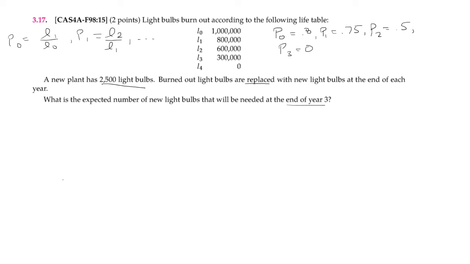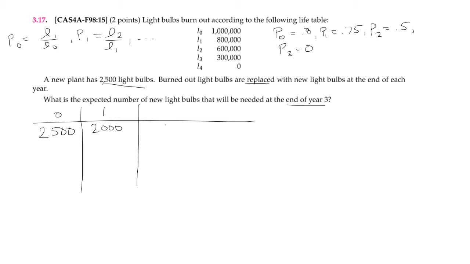Okay, so we're going to start off with 2,500 light bulbs. So this is time 0. At time 1, we know that 80% of the light bulbs will survive. So 80% of 2,500 is 2,000. Now, from 2,000, we go on to the next year.